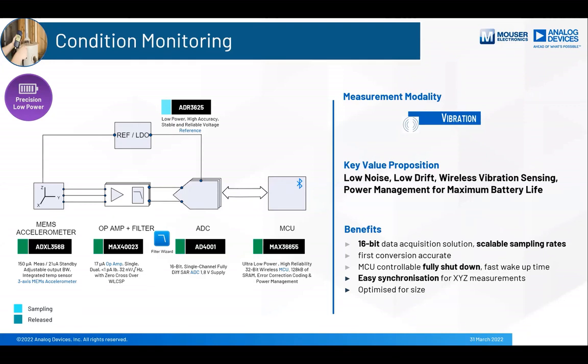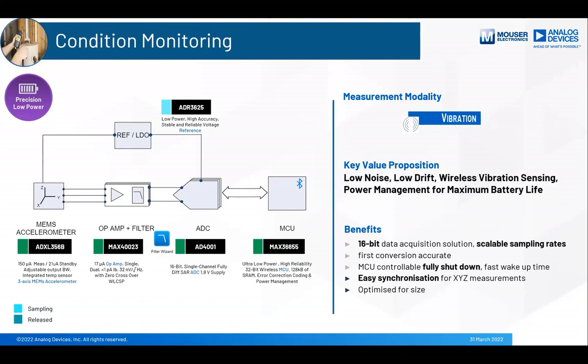Key for this signal chain is the ability to synchronize the measurements and also have the ability to scale further. The 84000 family of products are an excellent choice here, from their easy drive feature that reduces the burden when interfacing to it. We've also called out our low power BLE enabled MCU, the MAX36655, as a good solution in this space.